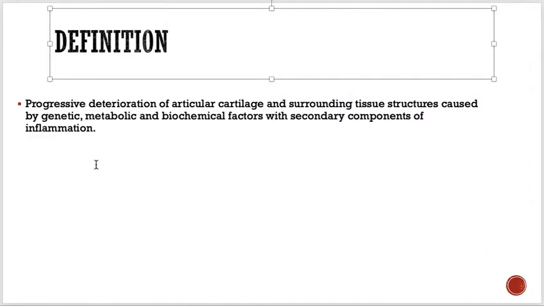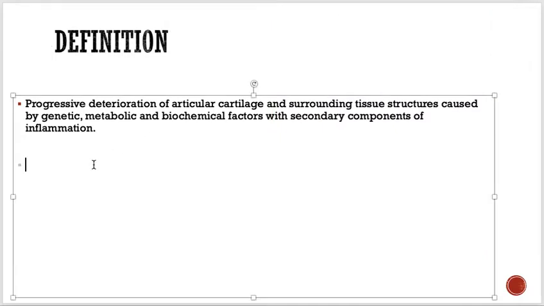The importance of this topic is simply because it is the most common form of arthritis seen in primary care, and as I told you, you will find it in most people of old age.